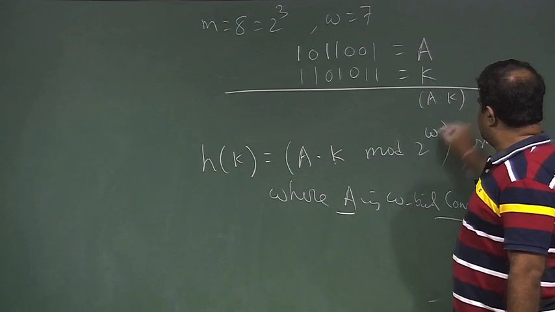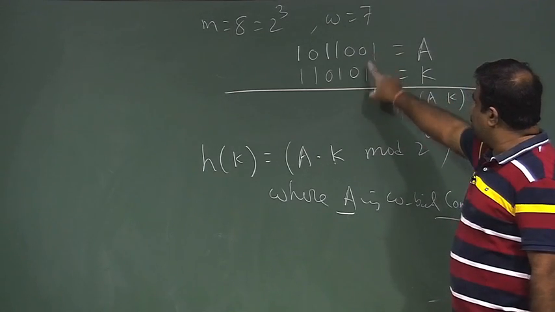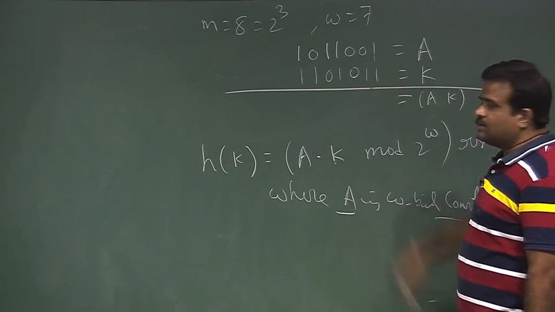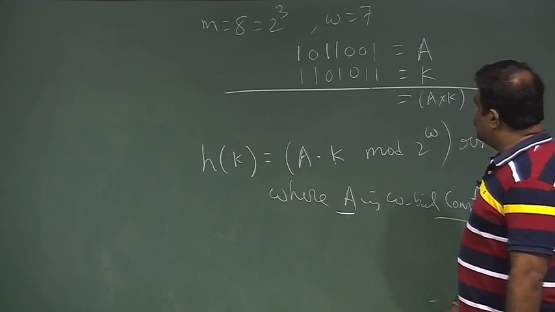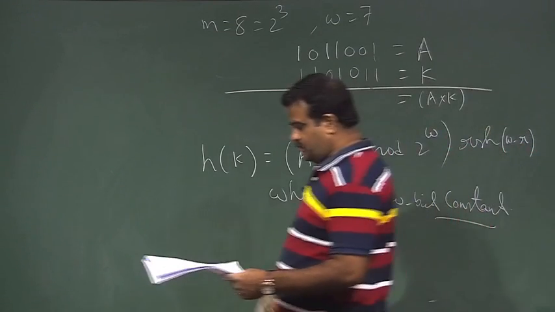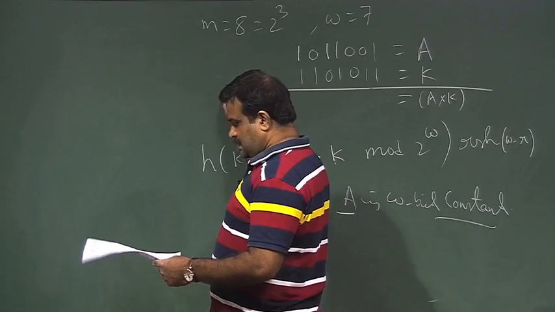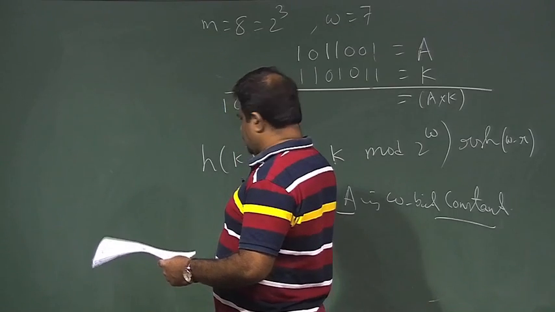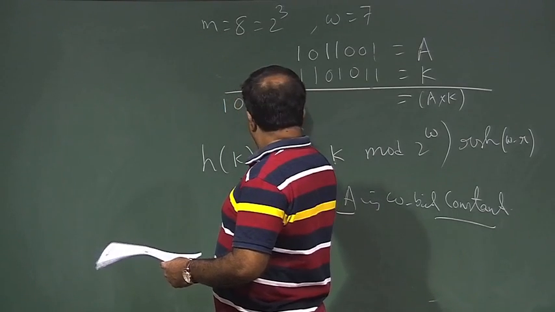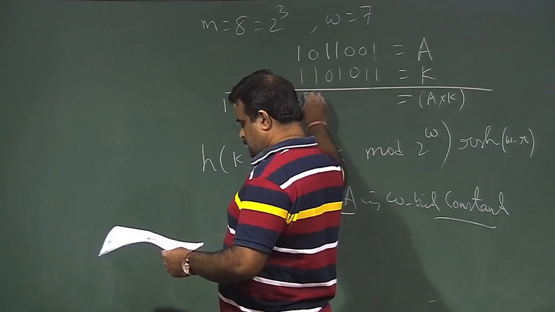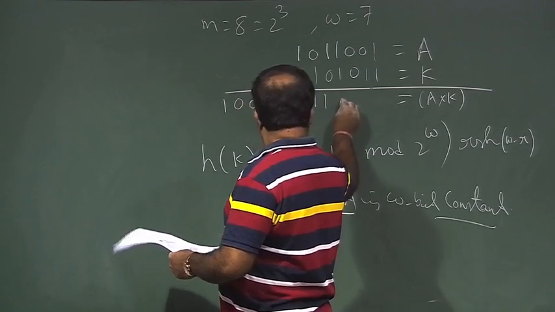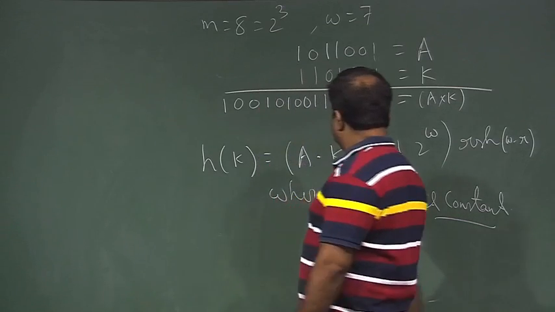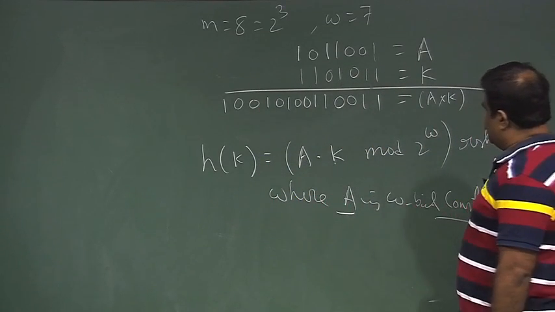This is w bit, this is w bit, then the result will be 2w bit. This is 7 bit, this is 7 bit, so the result will be 14 bit. If you do that, it will be like this: 1 0 0 1 0 1 0 0 1 1 0 0 1 1. So, this is again 14 bit.